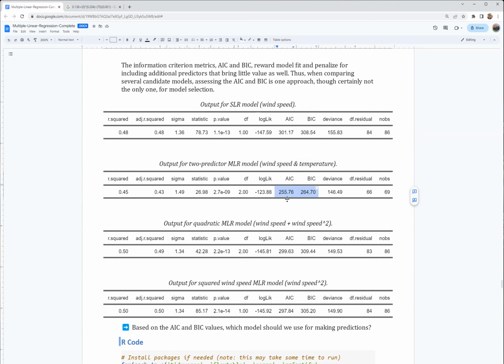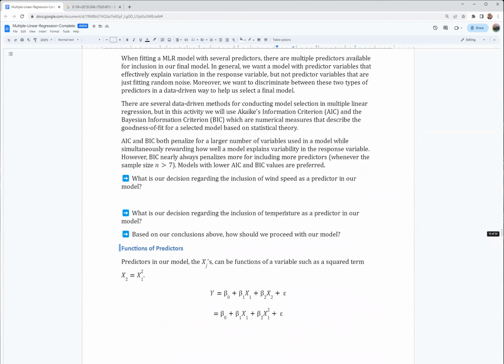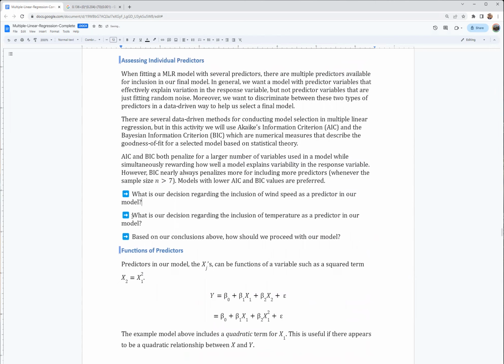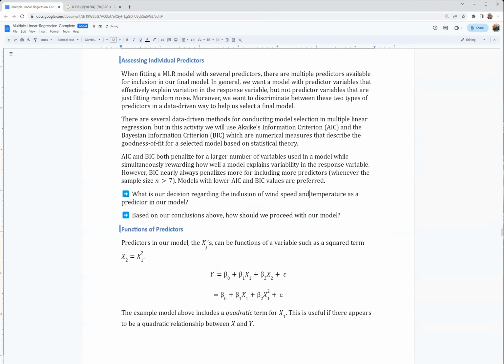Let's cite those values here. Here are the AIC and BIC values for wind speed and temperature. So we'll answer both these bullets at the same time: what's our decision regarding the inclusion of wind speed and temperature as predictors in our model?